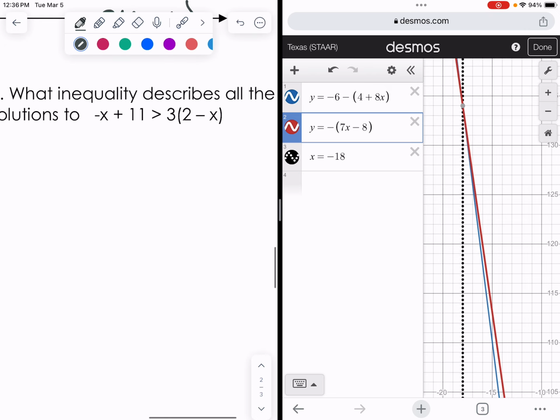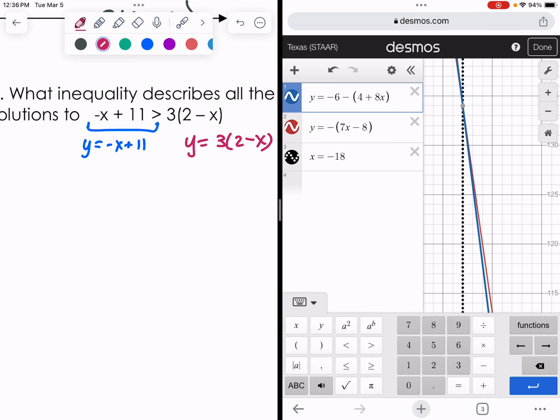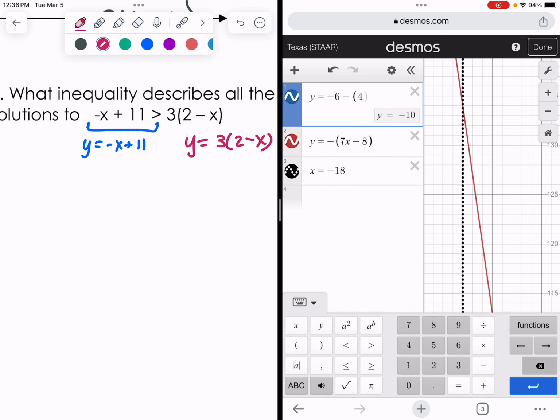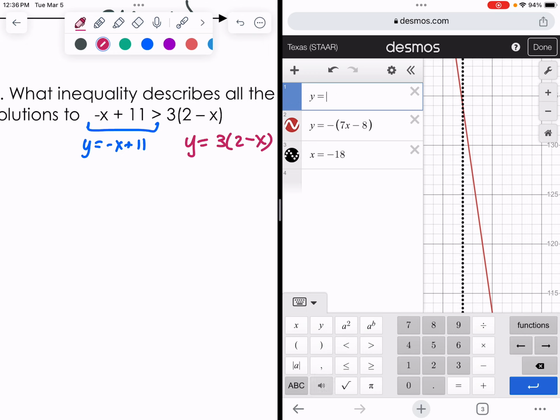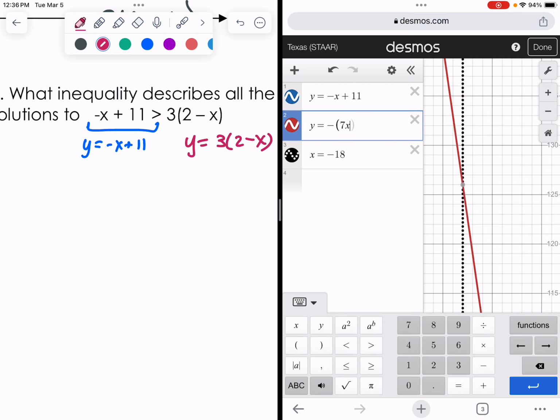All right, last one. Let's do y equals negative x plus 11. Y equals 3, parenthesis 2 minus x. Okay, and then y equals 3, parenthesis 2 minus x.